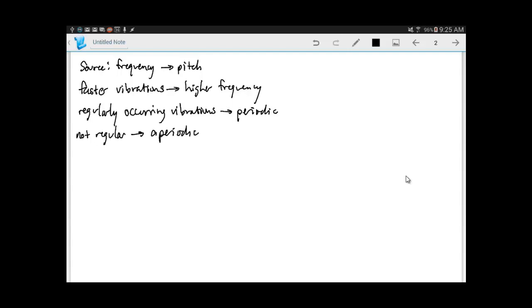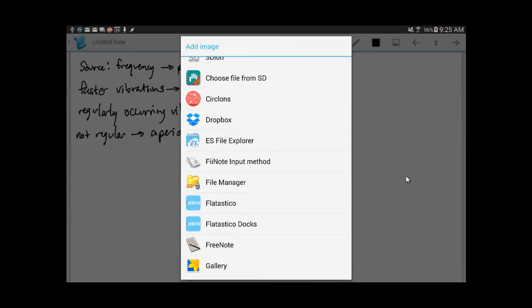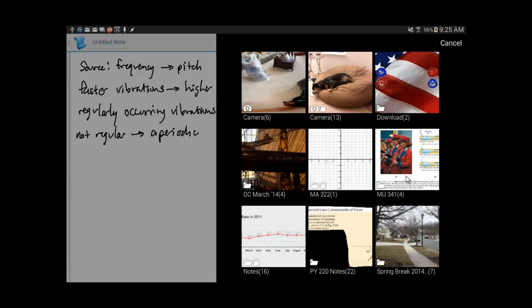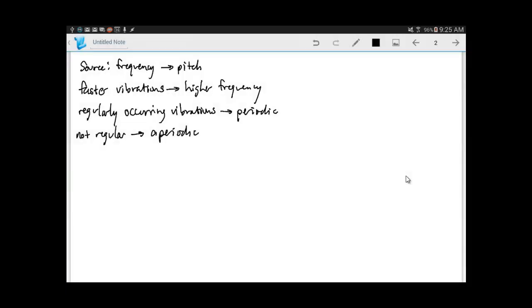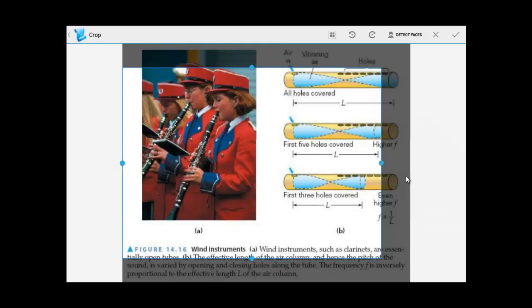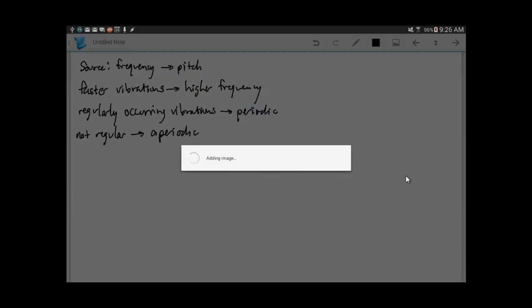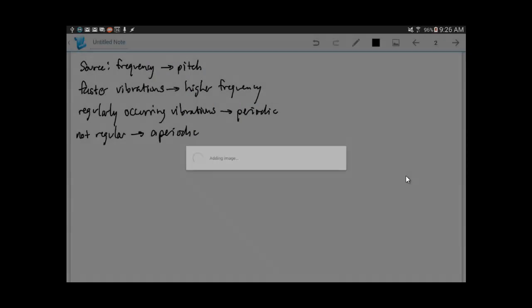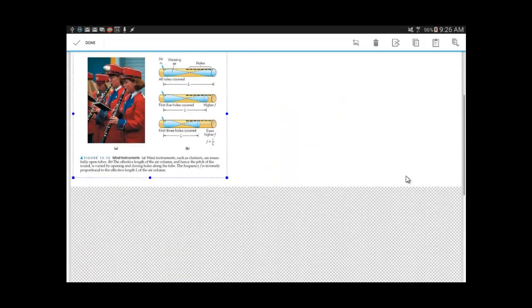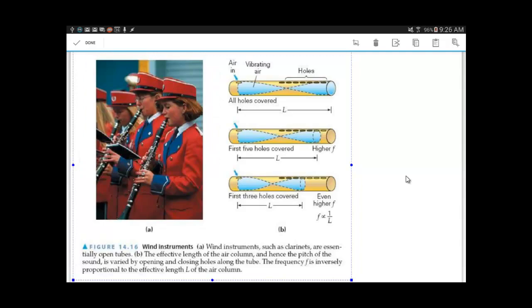Now, when we talk about instruments, if you have a wind instrument, and let me insert a picture here. Okay. When you have a wind instrument, you cover up a different number of holes.